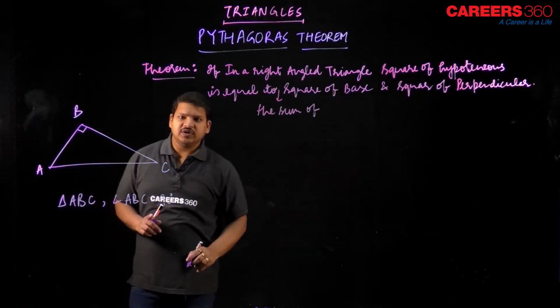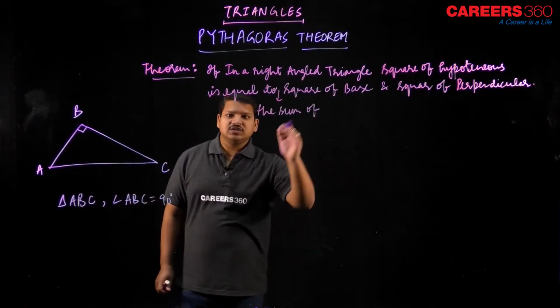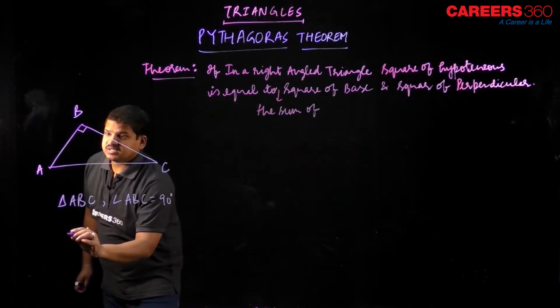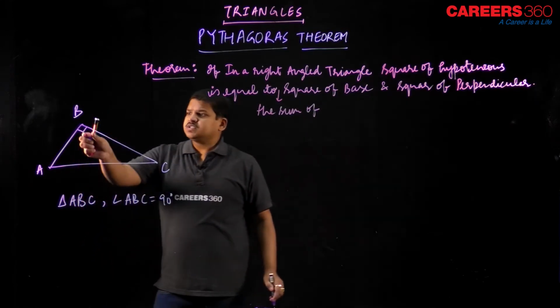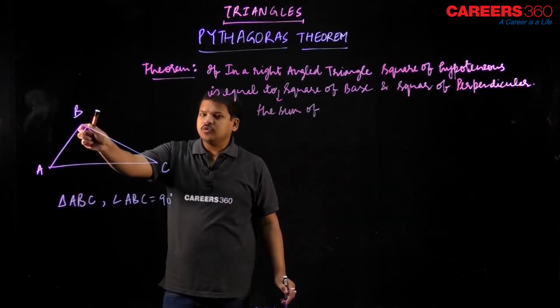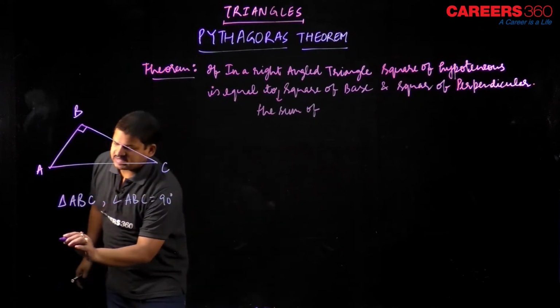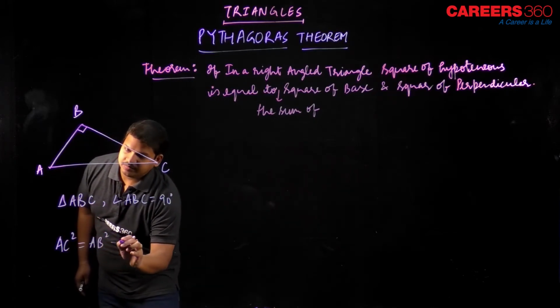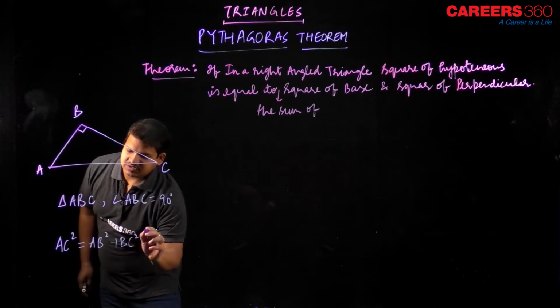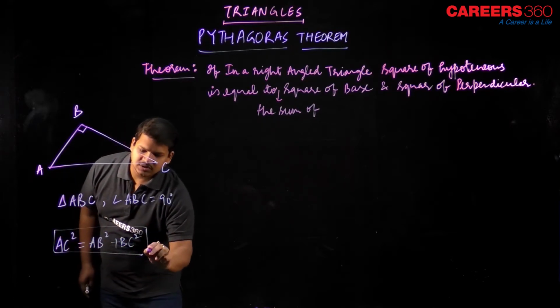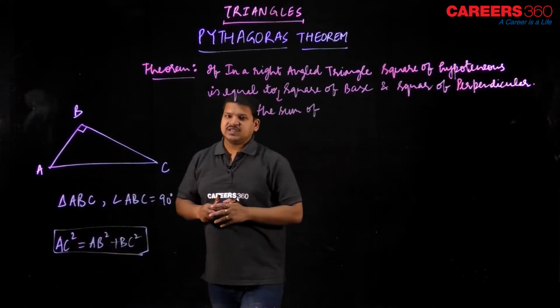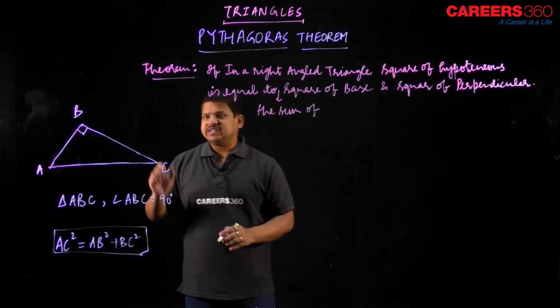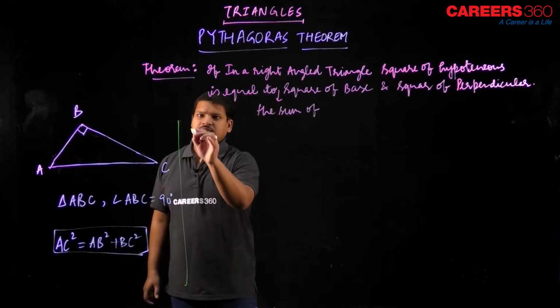This is what is given to me. Now as per this theorem, the hypotenuse is the side opposite to the 90 degree angle, that is AC. So AC square is equal to AB square plus BC square. This is what this theorem states, as simple as that. So now let's see the proof of this.